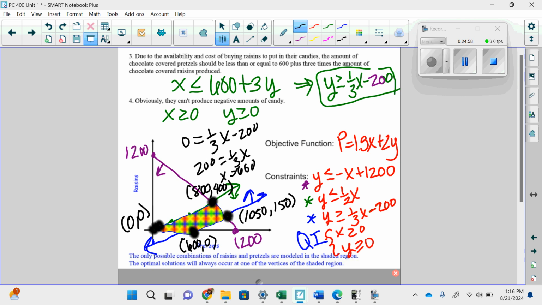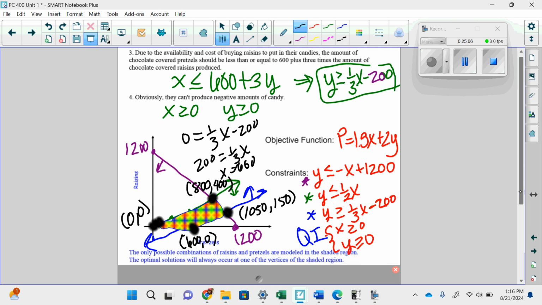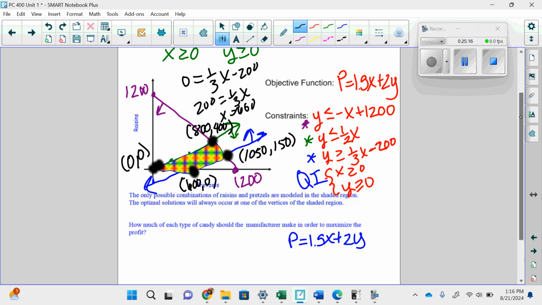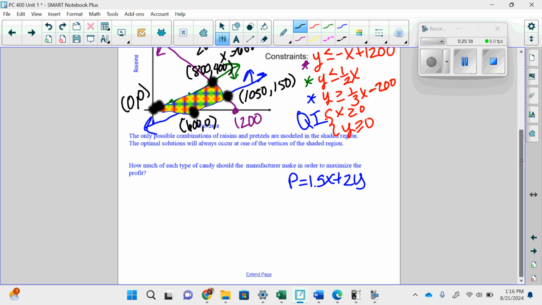Okay, so now that we have those four intersection points, one of those values of x and y are going to maximize our profit. So how much of each type of candy should the manufacturer make in order to optimize the profit?